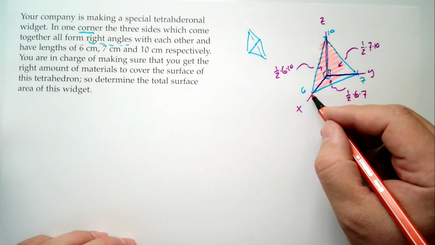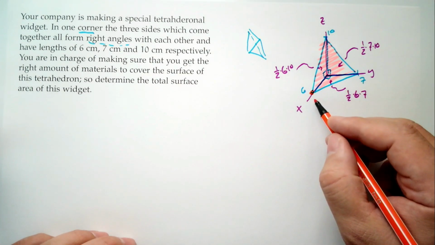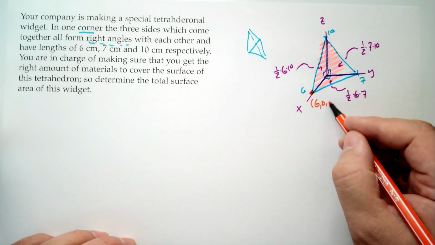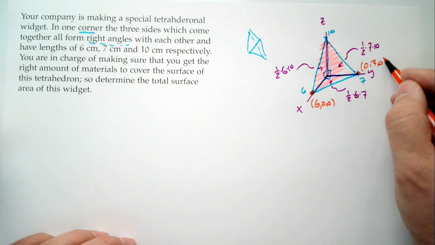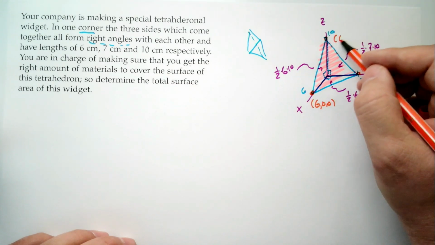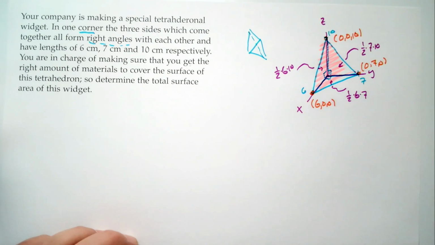So first, let's identify these points. This is the point (6, 0, 0). Over here, this is the point (0, 7, 0). And up on top, that's the point (0, 0, 10). So those are our three points. Now, are we ready to take our cross product?